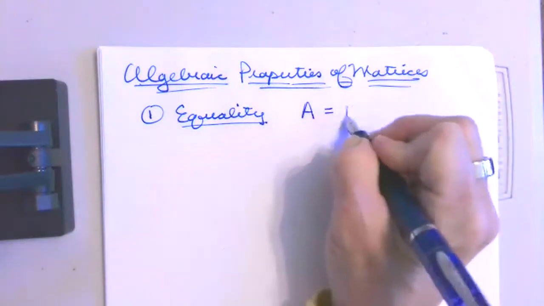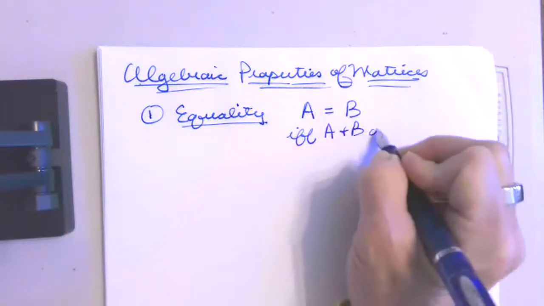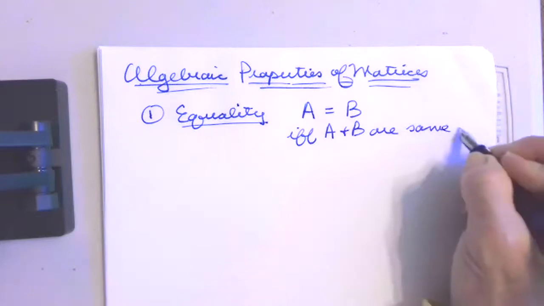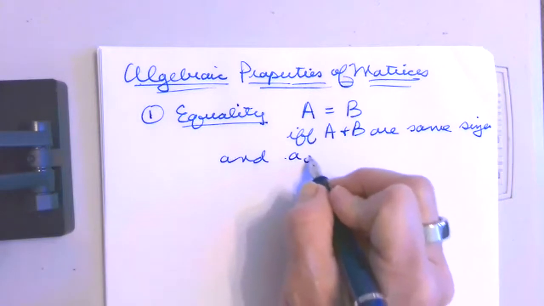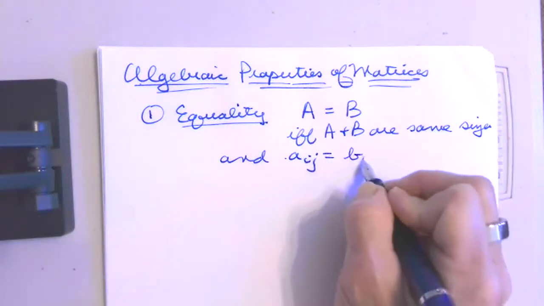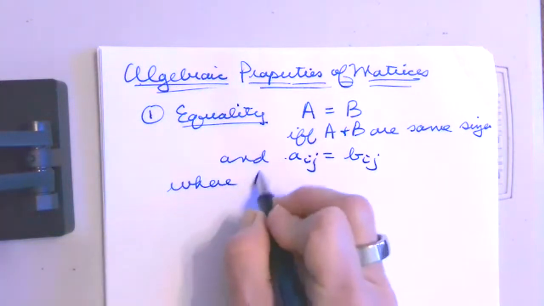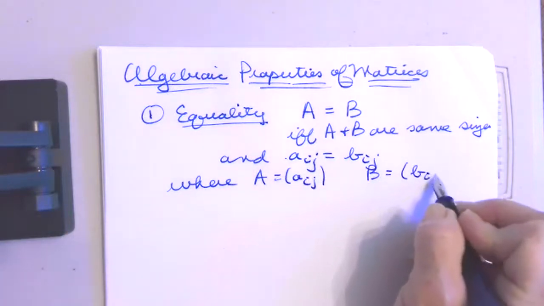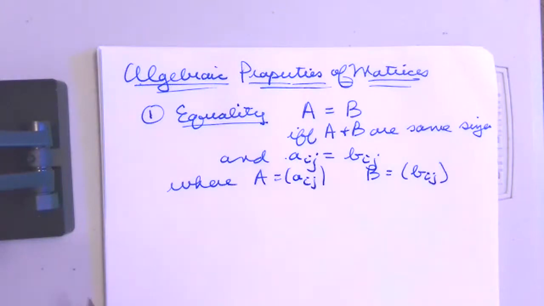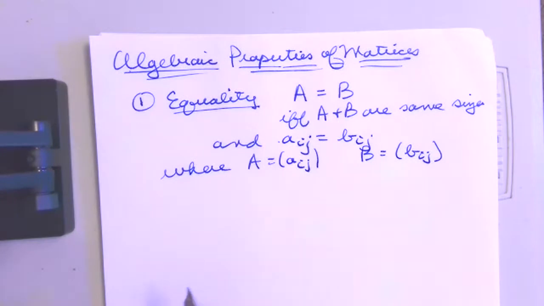The matrix A equals the matrix B if and only if A and B are the same size and the corresponding entries are equal, the ijth entry of A is equal to the ijth entry of B, where A is the matrix Aij and B is the matrix Bij. So that's what you mean by equality of matrices. They have to be exactly the same size, and things in the corresponding spots have to be equal.